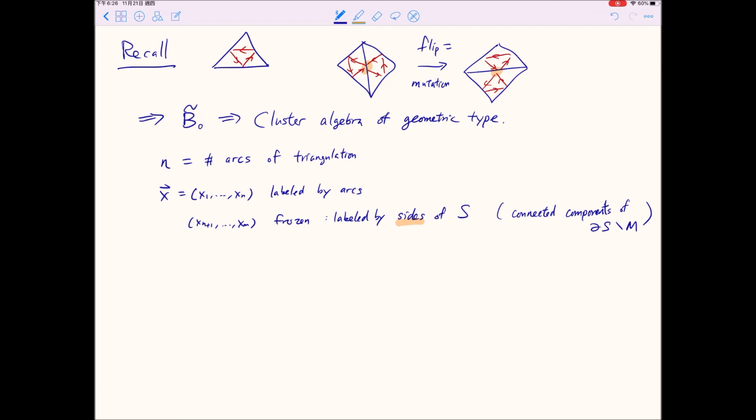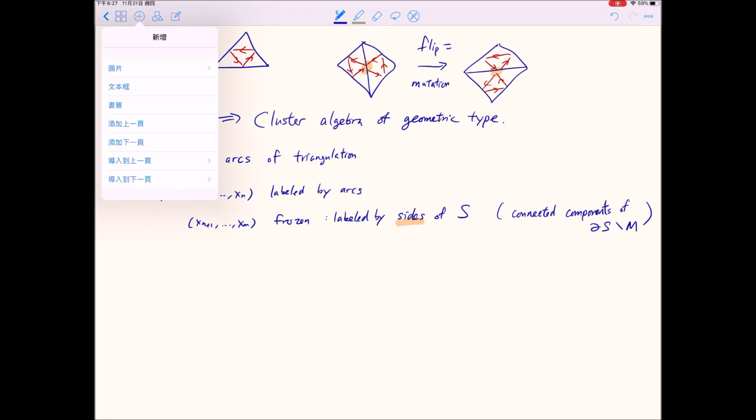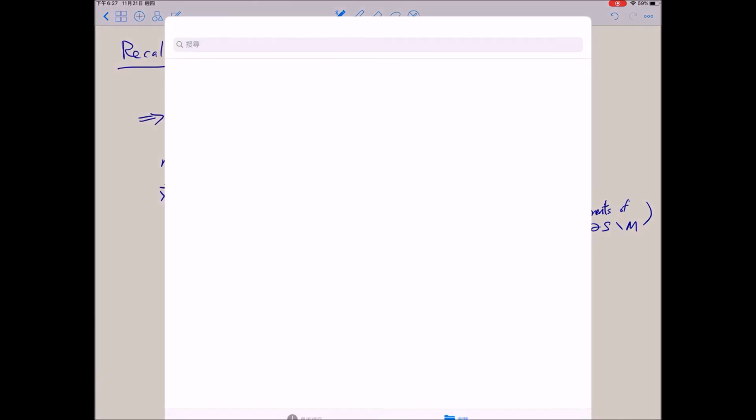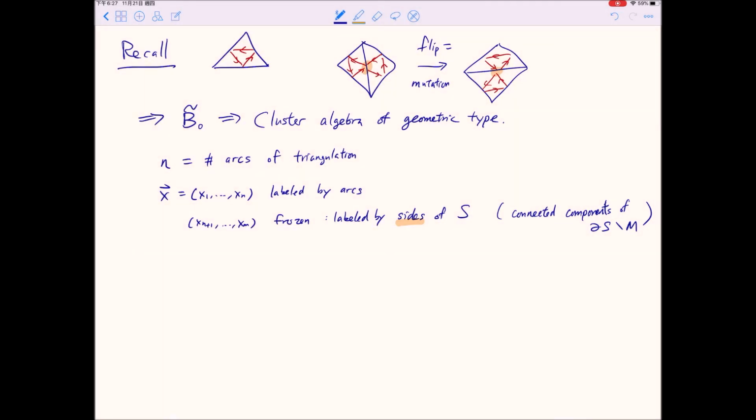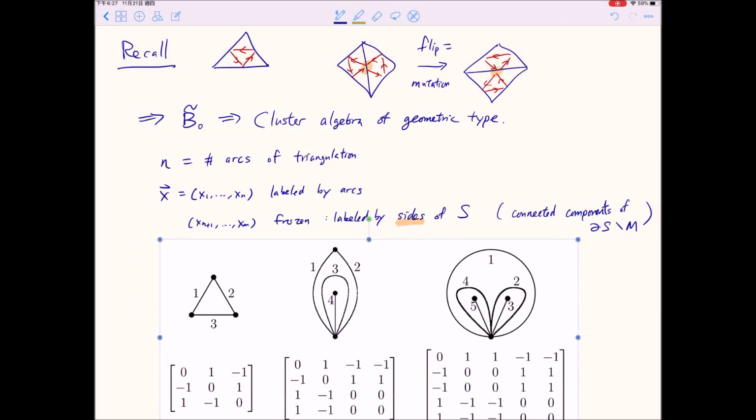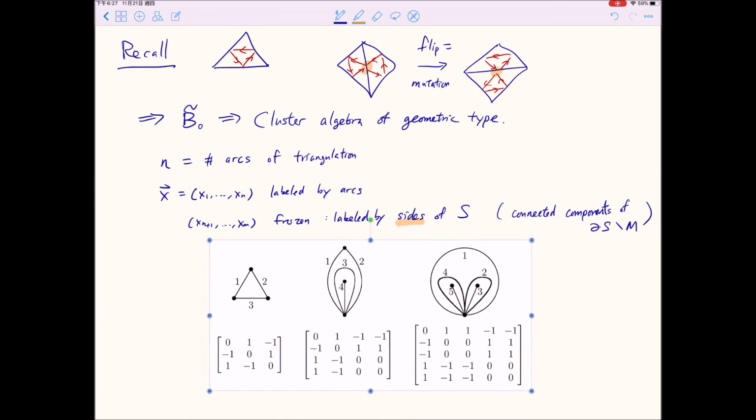So what happens if we mutate or if we flip the triangle so that we obtain a self-folded one? Well, then naturally the quiver corresponding to this self-folded triangulation should be the same as the quiver obtained by mutating the corresponding vertex. Right. So it turns out that all the cases can be summarized in 3 puzzle pieces.